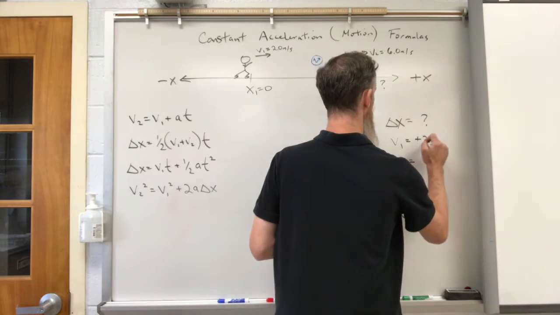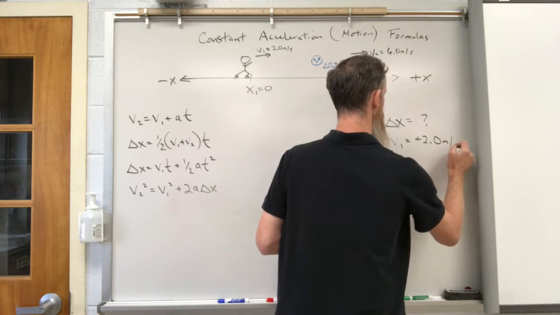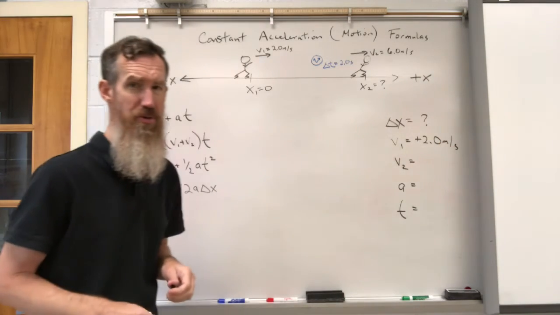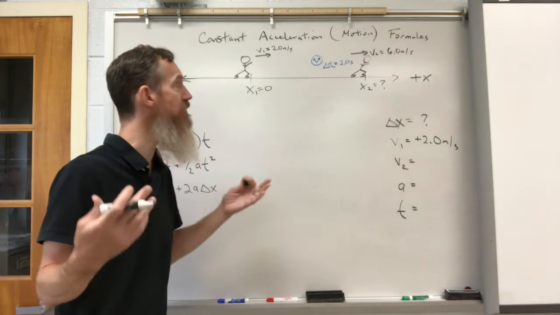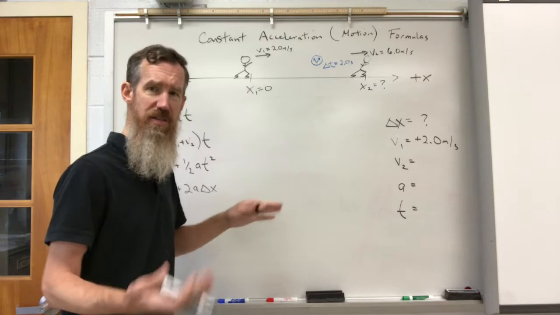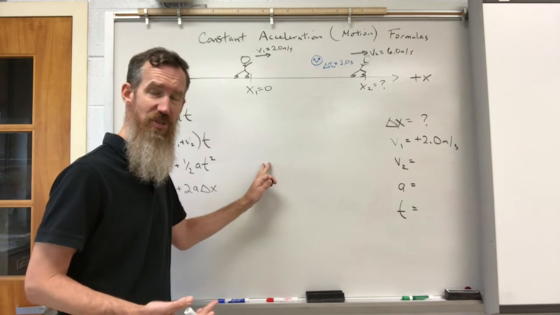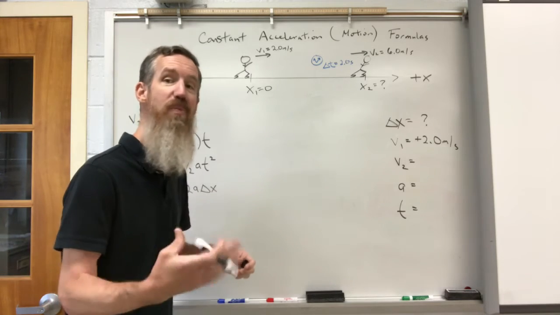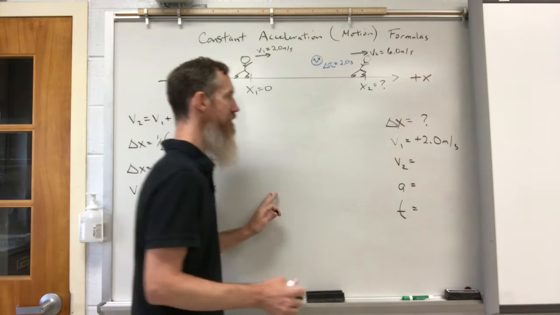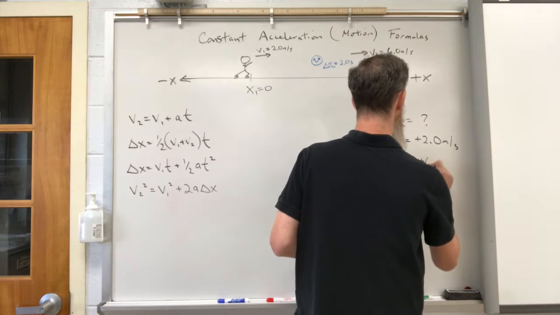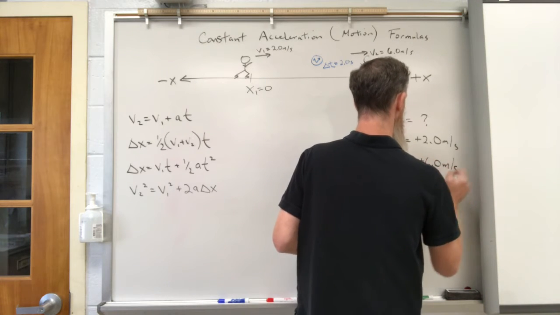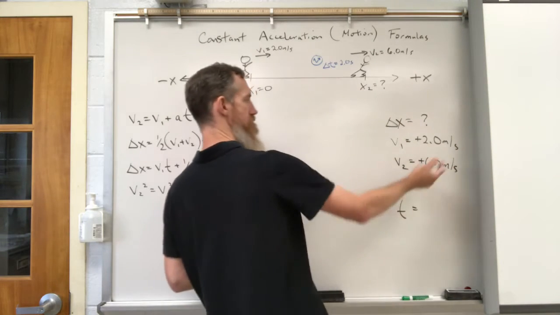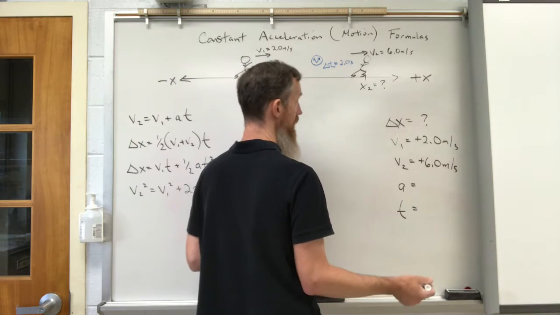The initial speed is positive 2.0 meters per second. Now I'm going to be obnoxious in these examples with the signs, plus and minus, to make you very aware how important they are. The second speed, 6 meters a second, positive.